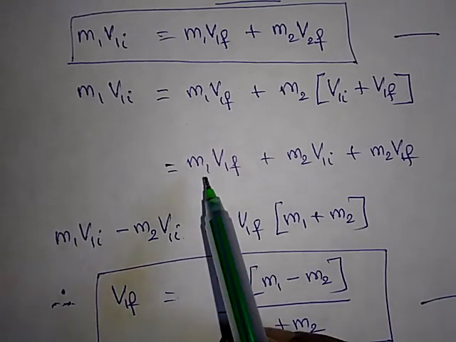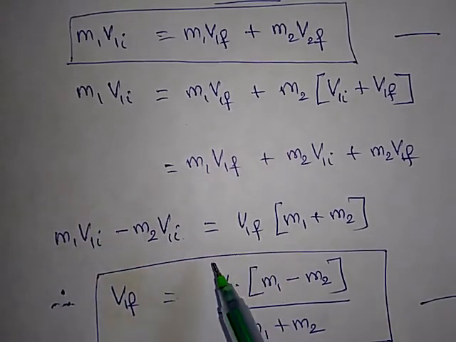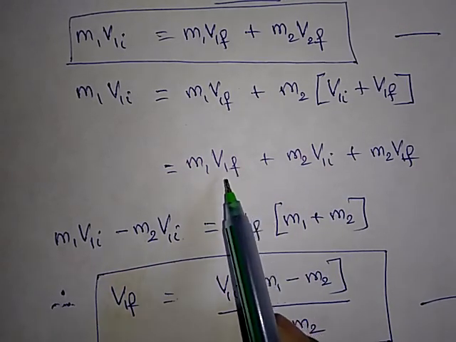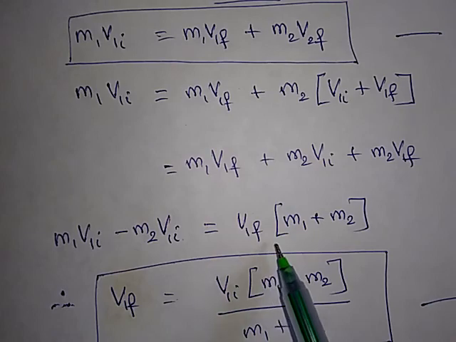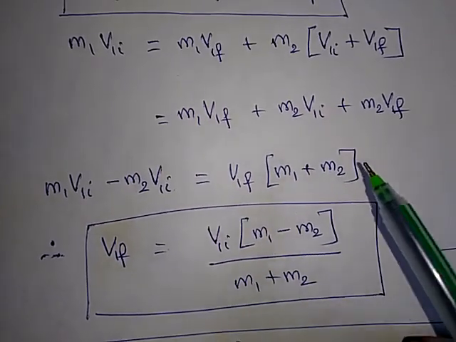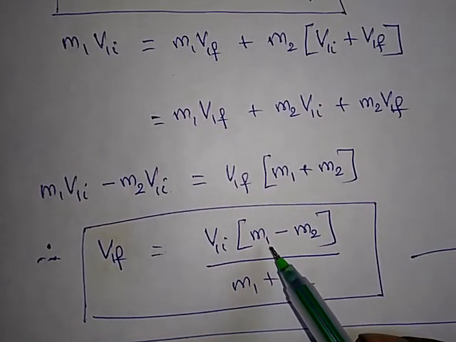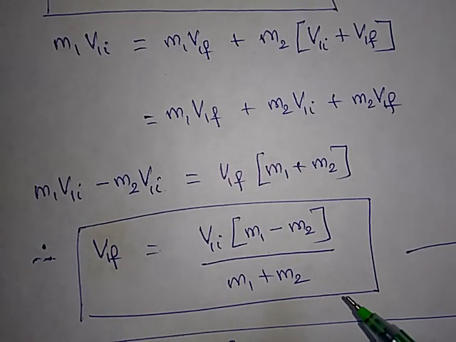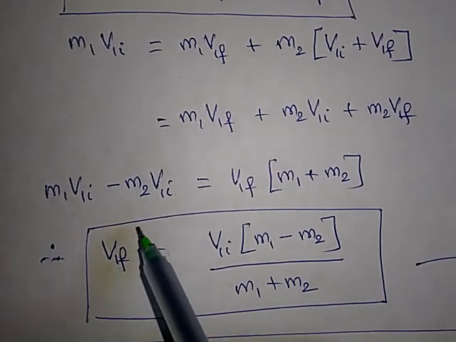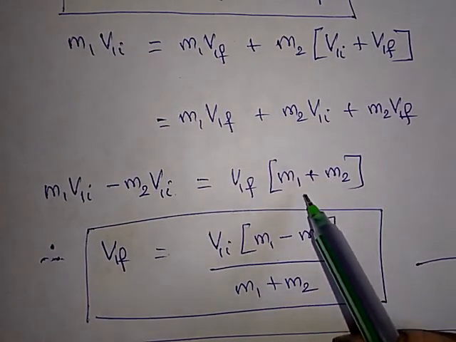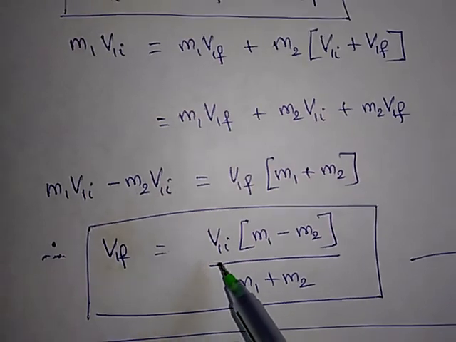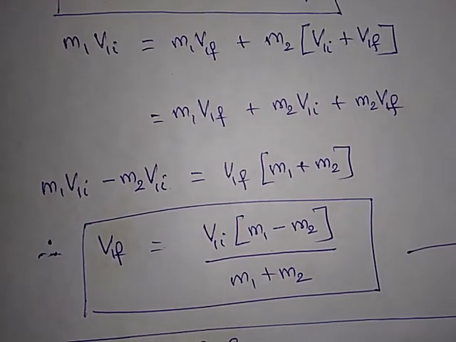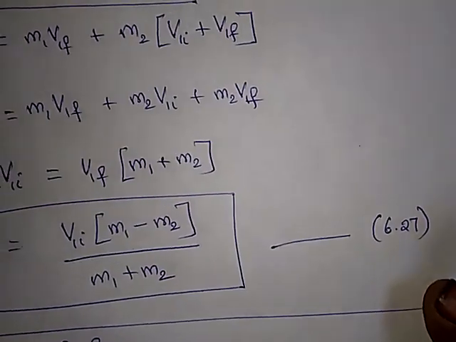Now M1 V1I is on the left hand side, and the M2 V1I term you bring to the other side, and between these two V1F is the common term. So V1F is equal to V1I into M1 minus M2, V1I is a common term, and M1 plus M2 will come to the other side. So V1F is V1I into M1 minus M2 divided by M1 plus M2. This is the proof for equation 6.27.